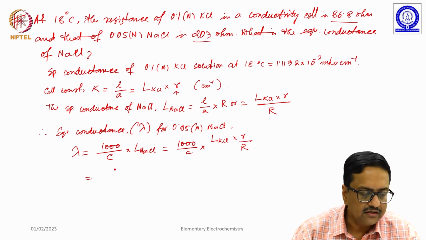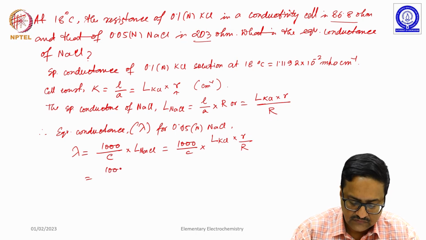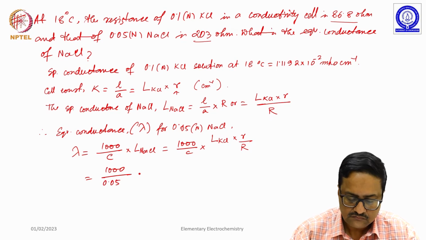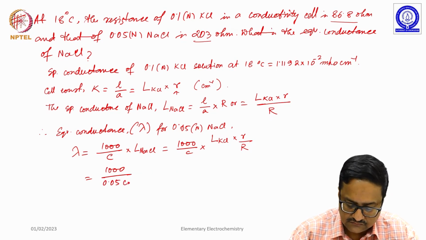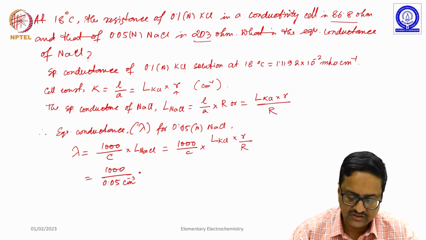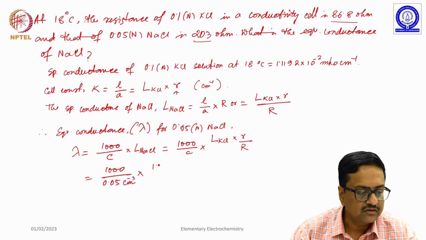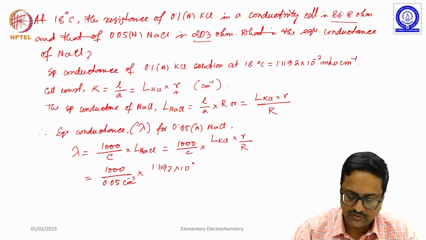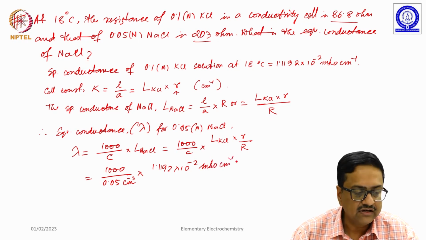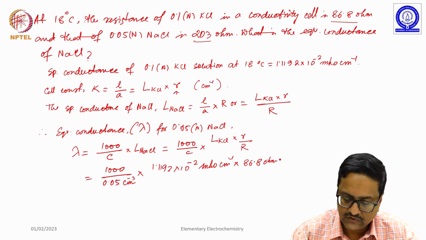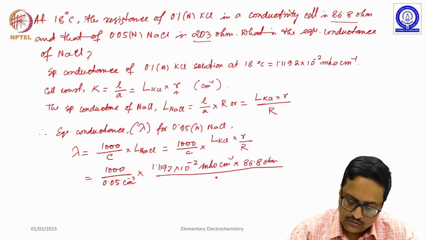So then one can easily put the values: 1000 by 0.05 centimeter to the power minus 3 per cubic centimeter into 1.1192 into 10 to the power minus 2 mho centimeter inverse into 86.8 ohm divided by 203 ohm.